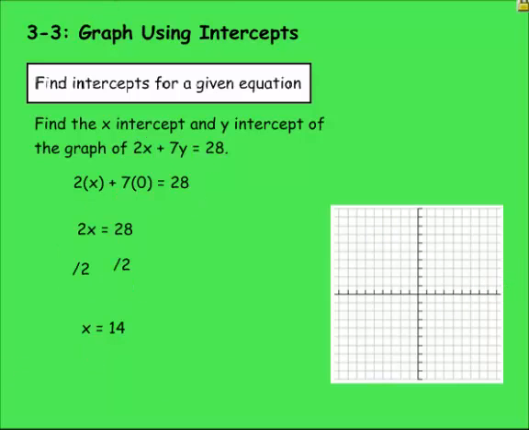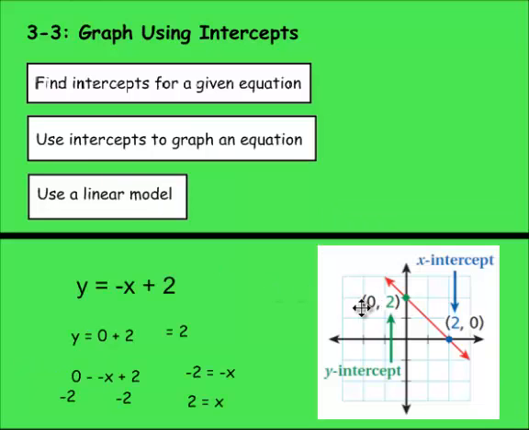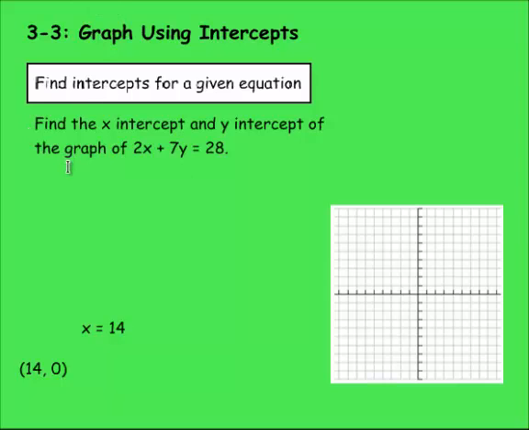So when y is 0, x would be around here, 14. If I were going to write that as an ordered pair, I would say 14 for x, 0 for y. Let's do this as the y-intercept then. The y-intercept is when x is 0. So let's make x 0. We'd have 2 times 0 plus 7y equaling 28. 2 times 0 is 0, so we'd have 7y equals 28.